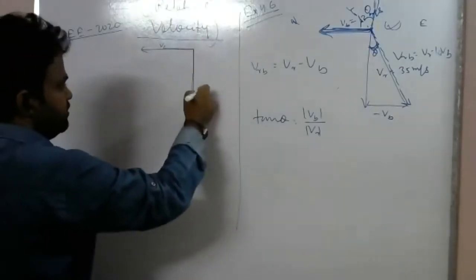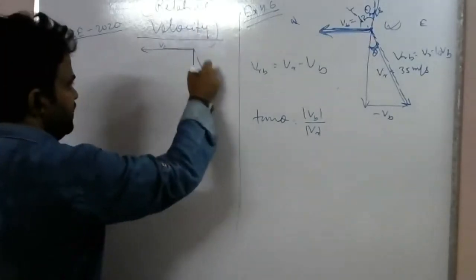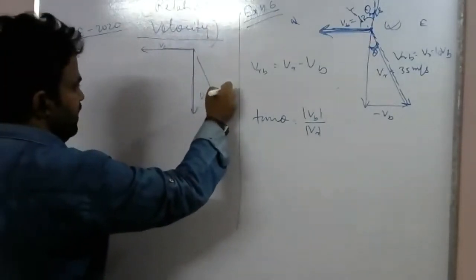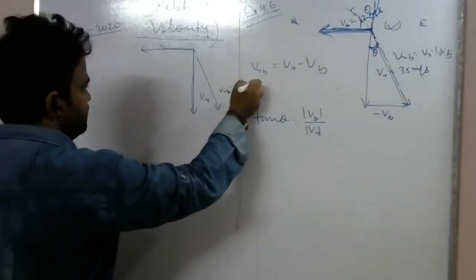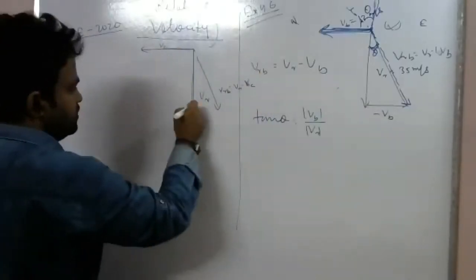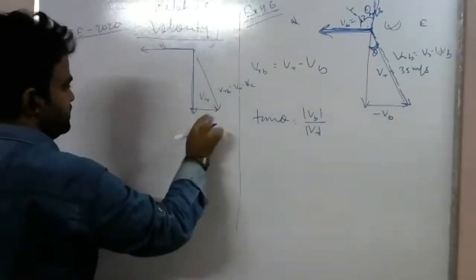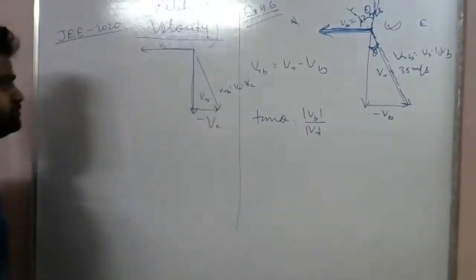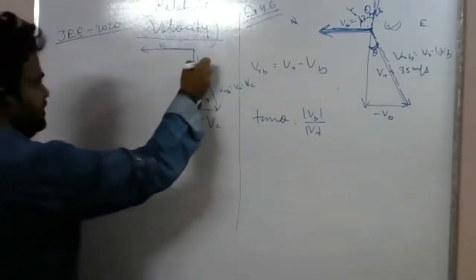And the rain is falling down, that is VR. So the resultant will be somewhere here. This is VR minus V car, that is VRB, or VR minus VB. This is your minus V car. And this is your theta.